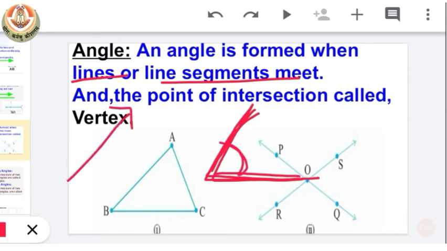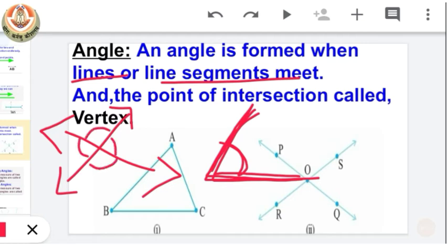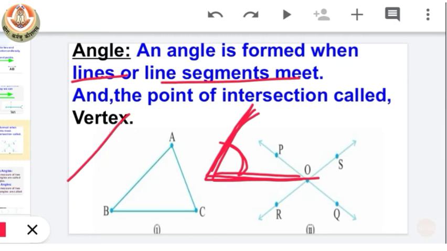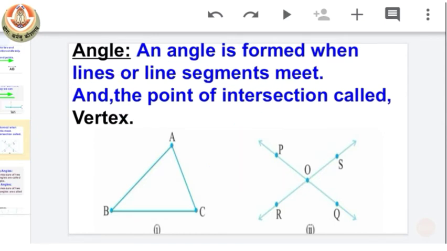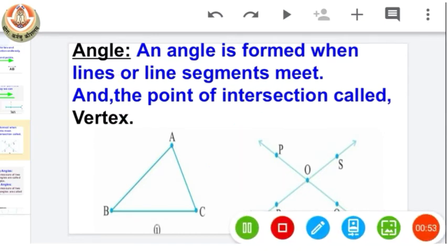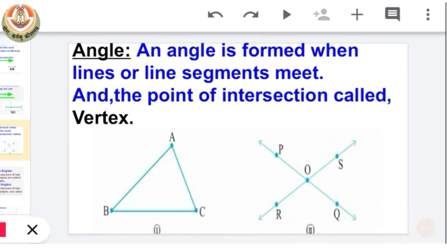Similarly, when we take two lines and intersect them, we have four angles formed with the help of these two lines. You can see in this figure how a line and a line segment help form angles.